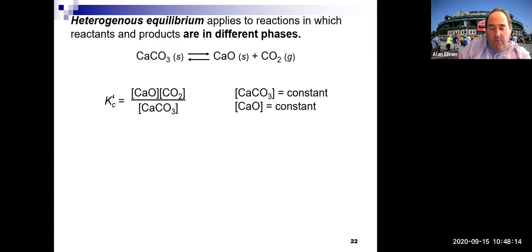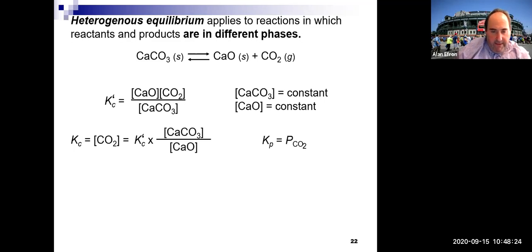So if we were writing the equilibrium expression for this particular one, this would actually be the correct one here. It would not be this. So just so there's no confusion, this would not be the correct one. The Kc for this would be just the concentration of CO2.